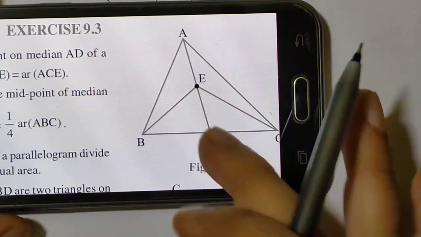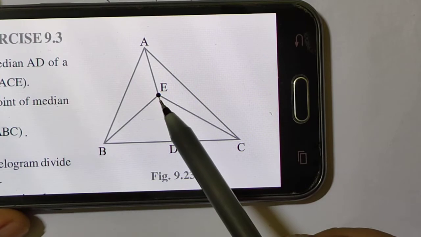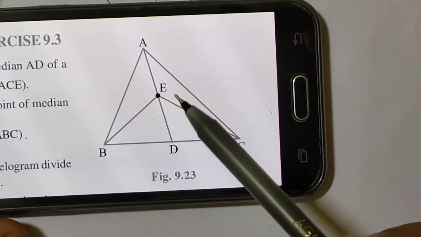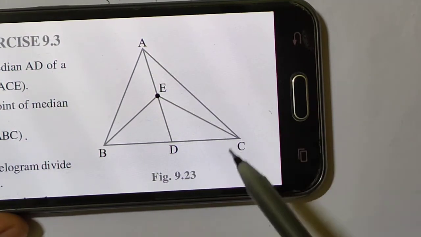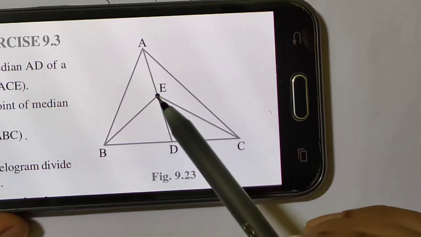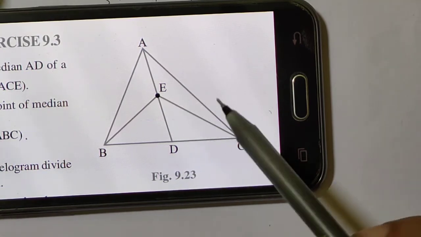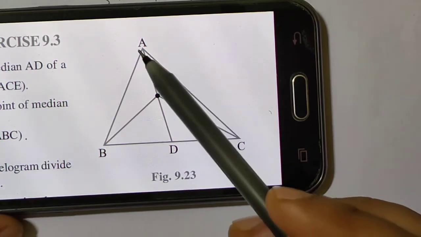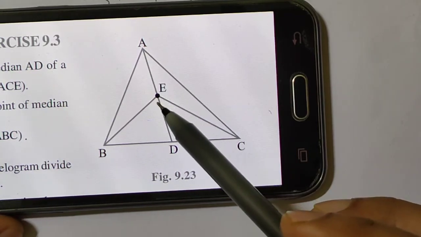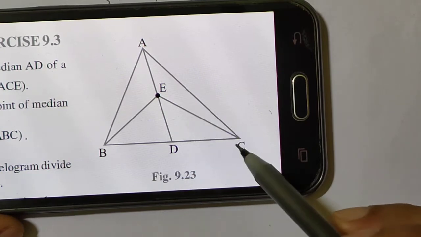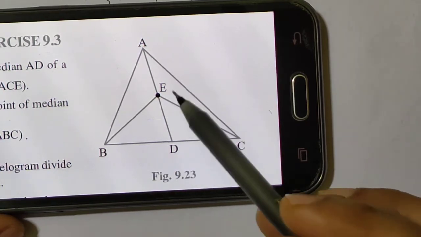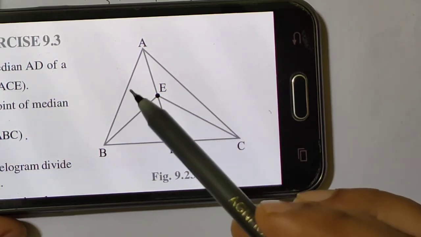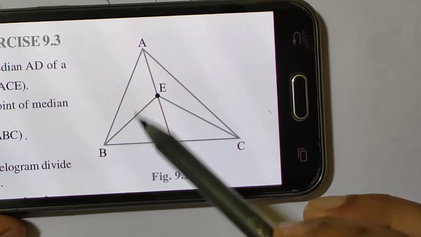Now, in triangle ACD, CE is the median, so obviously it is going to be divided into two triangles of equal areas, that is, area of triangle ACE is equal to area of triangle CED. So these two triangles are equal in area. Similarly, these two triangles will also be equal in area.